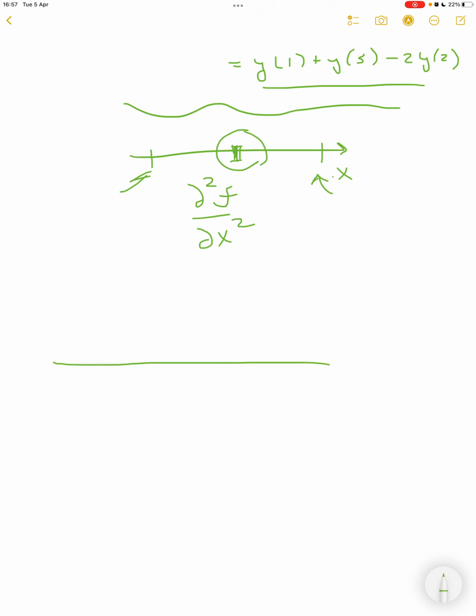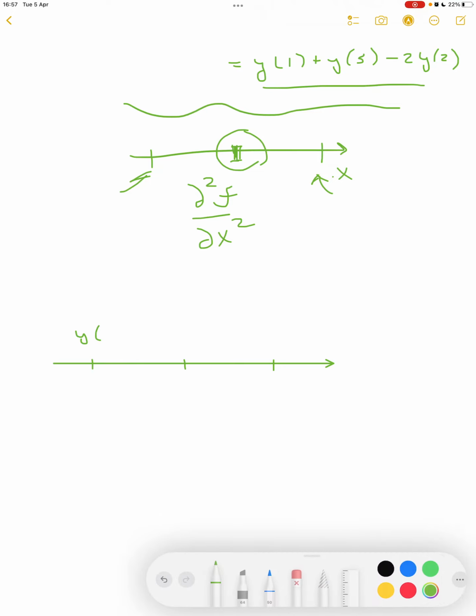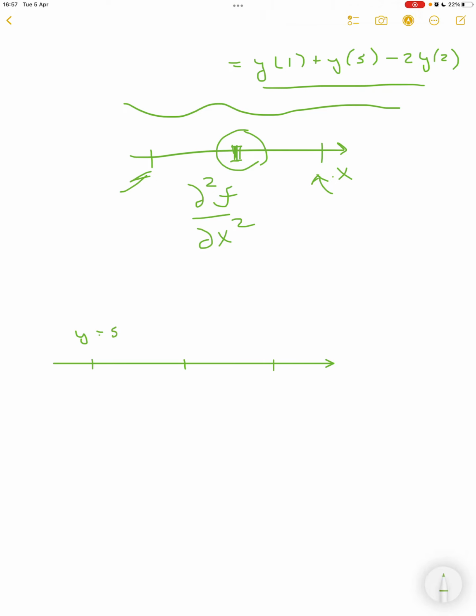We have some number plane like this, and we have numbers here, here, and here. For instance, there y equals, let it be, 5, the function itself. Here y equals 3, and at this point it's just, let it be, 7.